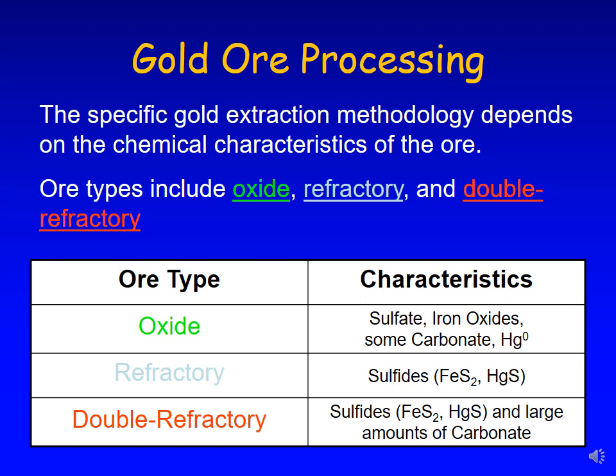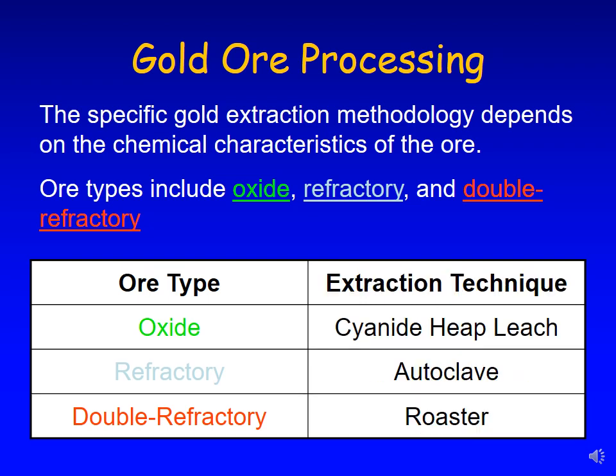The refractory ore is largely made up of sulfides, iron sulfide, and the mercury is bound as mercury sulfide. And the double refractory ore has both the sulfides and large amounts of carbonate. Once again, the mercury is bound as mercury sulfide.